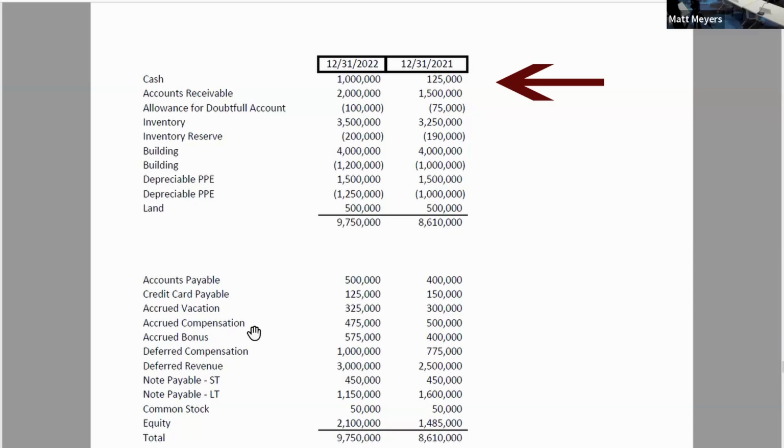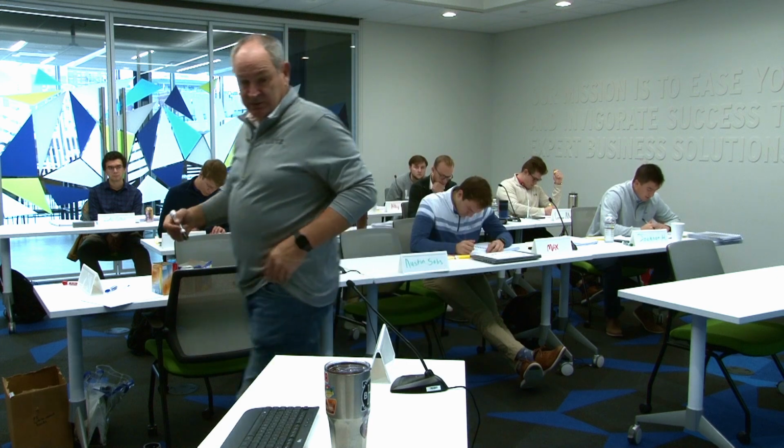I have deferred revenue on here. Okay, so this is the balance sheet of the client that you're going to get when we prepare the tax return.